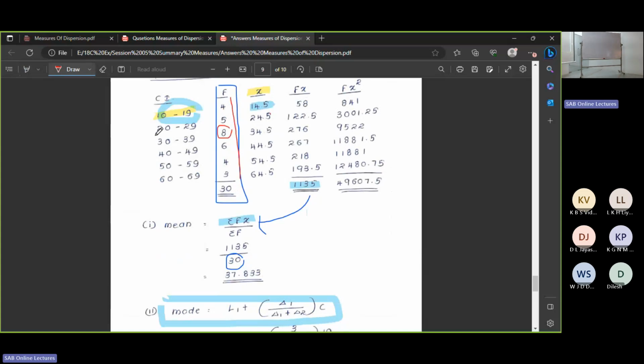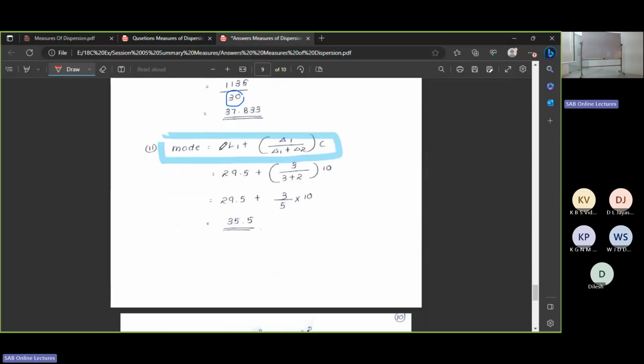Then 30 to 39 is the modal class. Not the mode value; these are all class intervals. This class interval has the highest frequency. Mode is a class interval here: the modal class, not the mode value. Understood? 30 to 39.